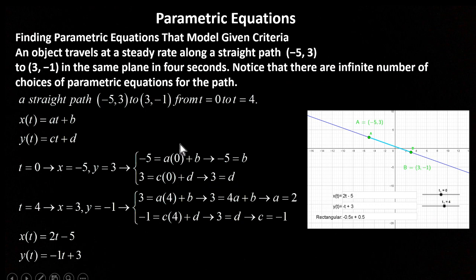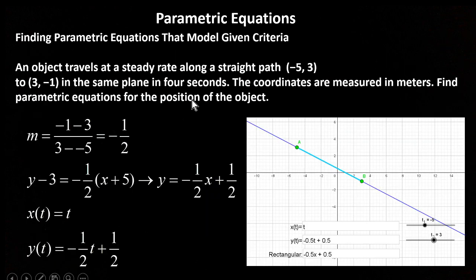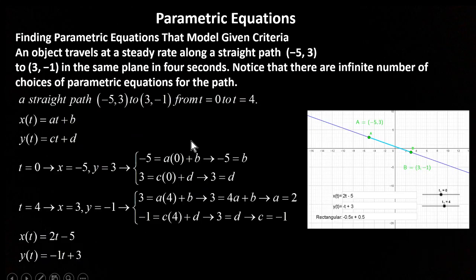So here's another one. First what we did was find the rectangular form of the path, and then convert it to parametric equations. We could also start by assuming that each of these is a parametric equation.